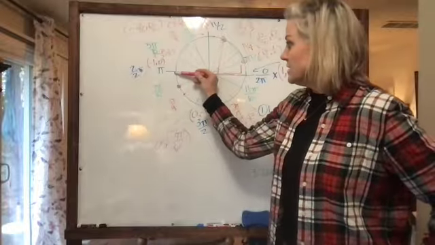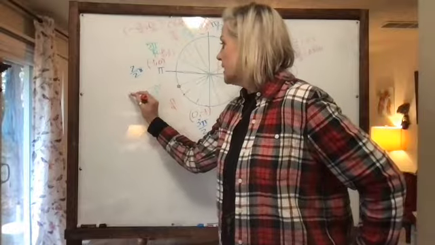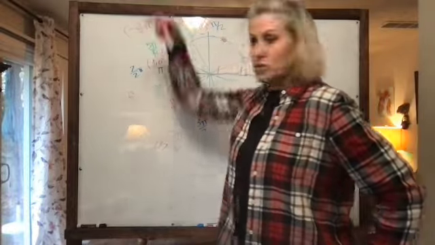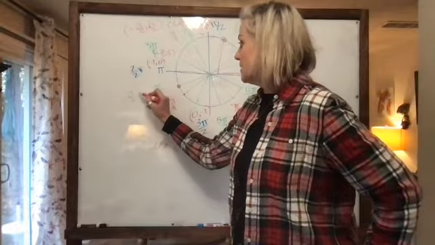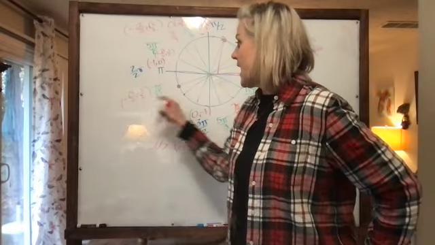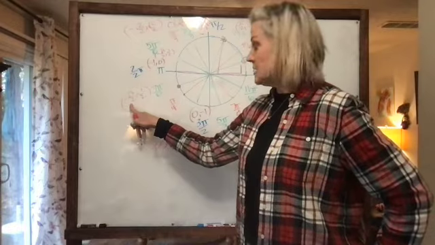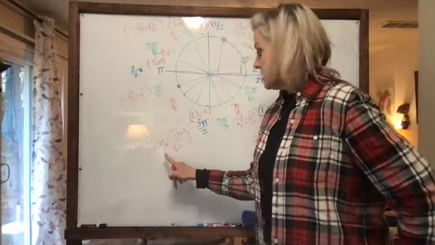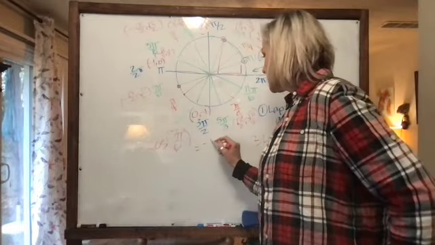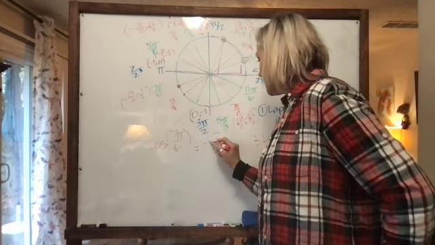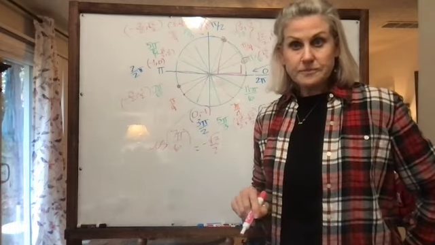Okay, that runs a lot. Negative root 3 over 2, drops, jumps a little, negative 1/2, and the cosine is always the x coordinate. So the cosine of 7 pi over 6 is negative root 3 over 2.